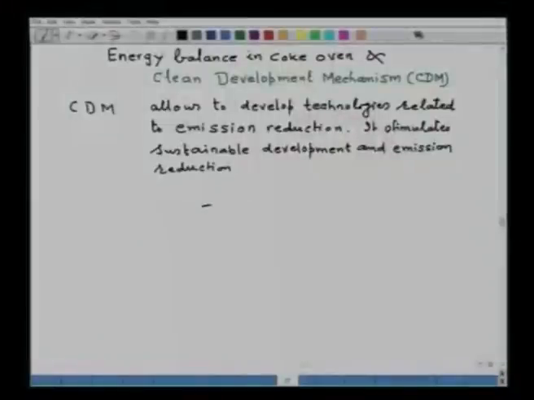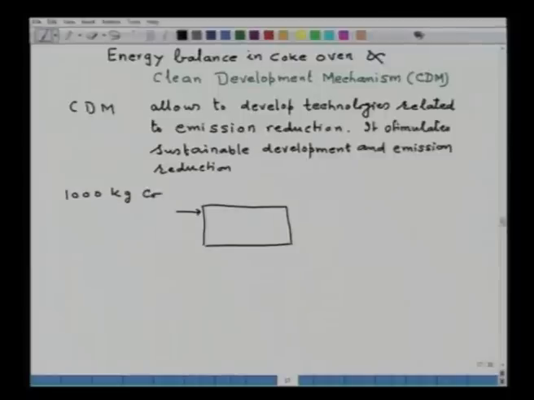So, if this is a symbolic representation of coke oven, then here say 1000 kg coal is entering, and it has calorific value 8184 kilocalorie per kg.